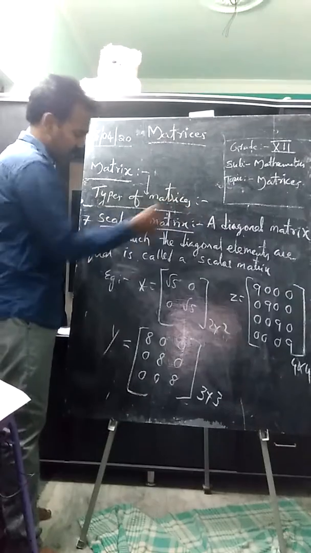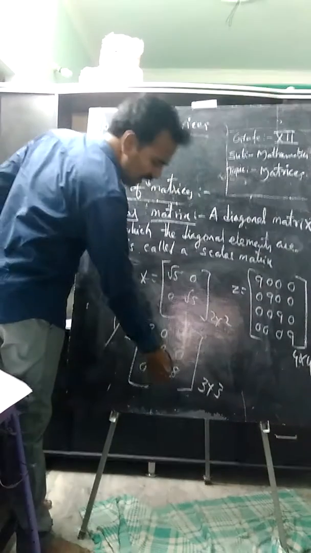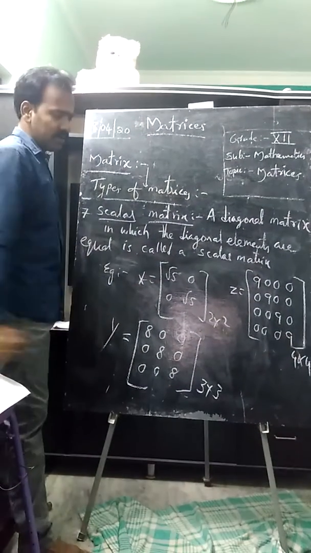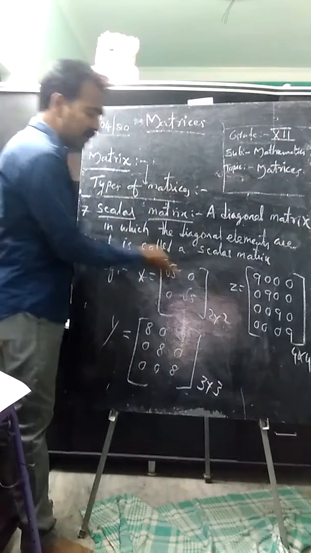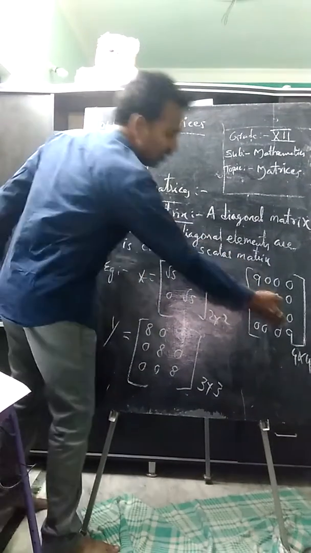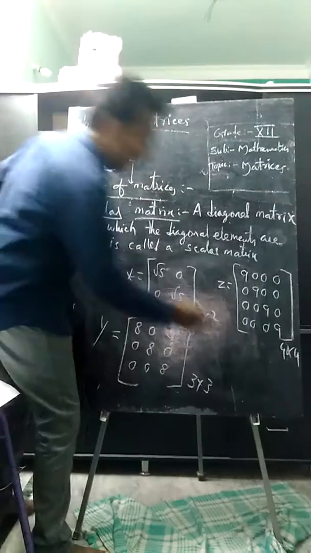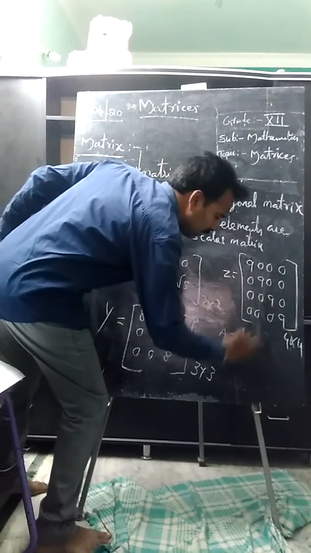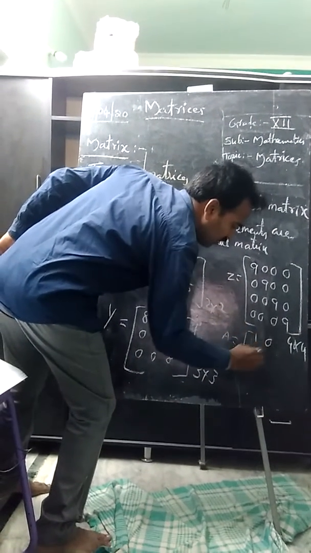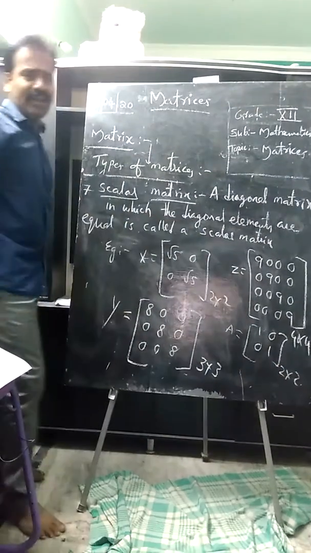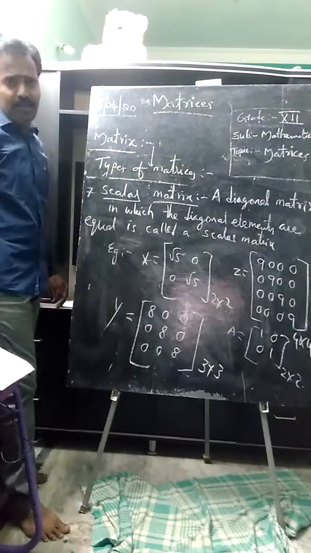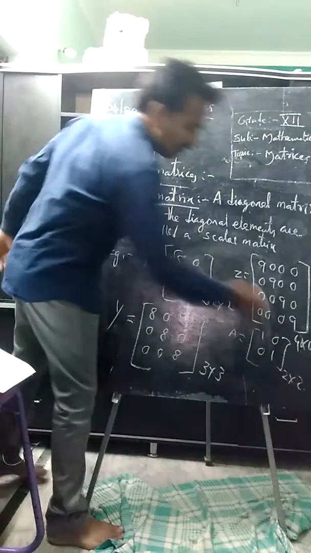So it is a scalar matrix. Even here also the diagonal elements are the same. So a diagonal matrix is a scalar matrix when the diagonal elements are the same. That's why we can say that a unit matrix, which you will learn, is a scalar matrix, because the diagonal elements are the same.